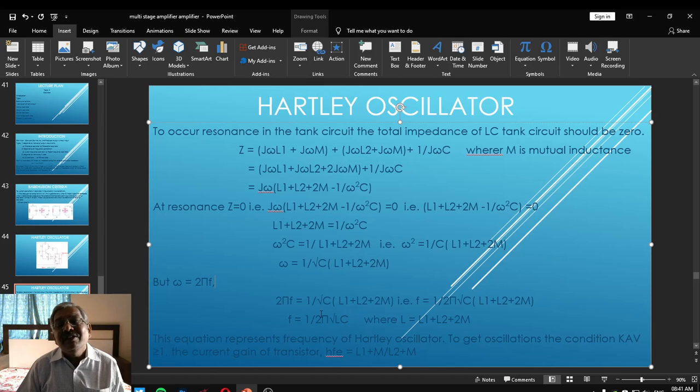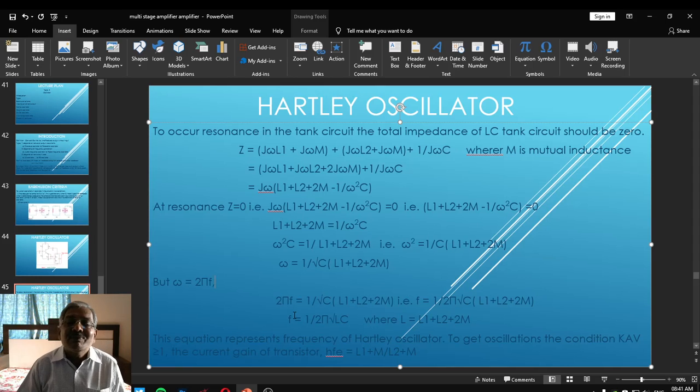You can design your Hartley oscillator as per your requirement of frequency. Choose the proper values of inductance and capacitor so that you get the required frequency of sinusoidal oscillations in the Hartley oscillator circuit.